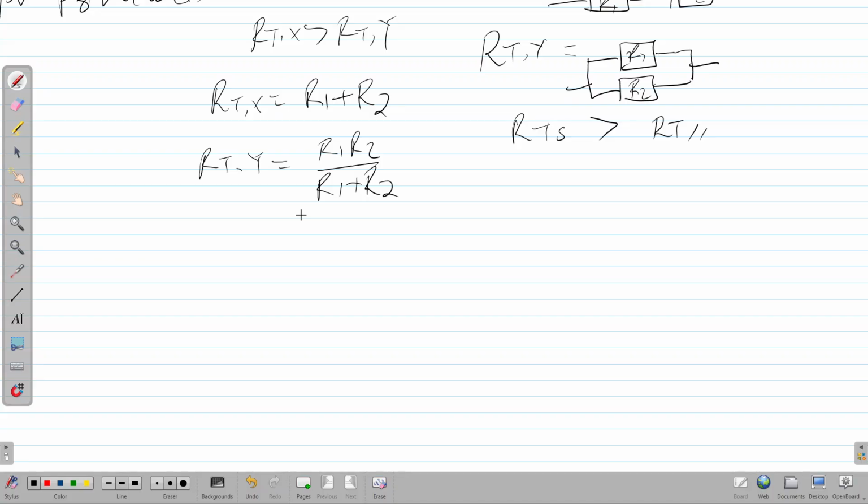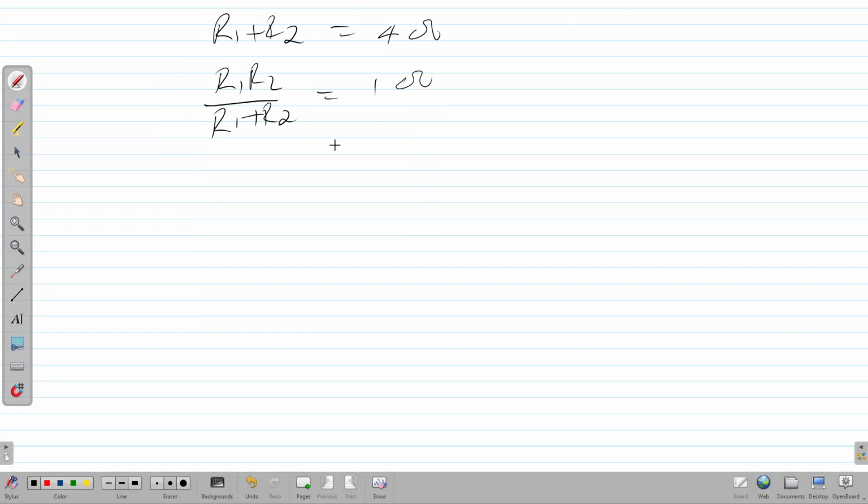Okay, so then we proceed now with our simultaneous equations. So we have R1 plus R2 is equivalent to 4 ohms, and then we have R1 R2 over R1 plus R2, which is equal to 1 ohm. Okay, so this is our simultaneous equation. Then we can form equation 3 by saying that from equation 1, R2 is equal to 4 minus R1.